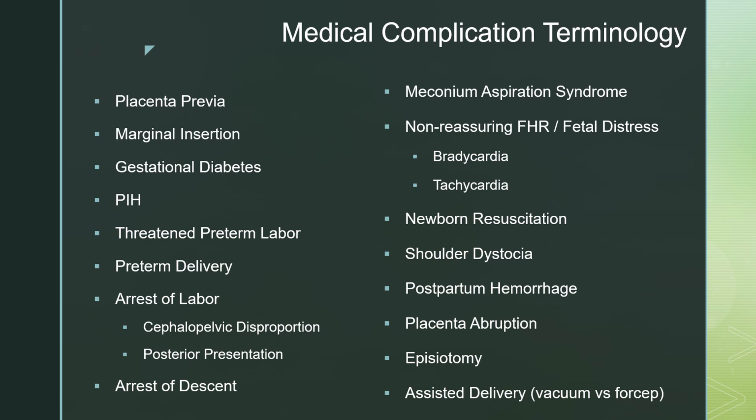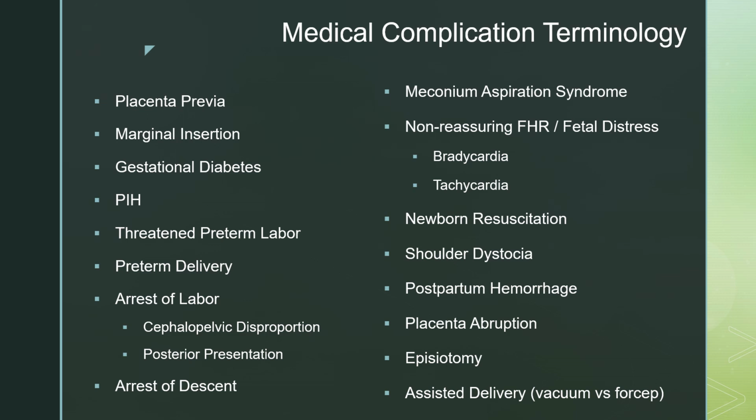Threatened preterm labor means she's having contractions, she's having signs that we're worried the baby will come out earlier than 37 weeks gestation. Preterm delivery is the baby actually delivered before 37 weeks gestation. Arrested labor is a very common term in the hospital setting. I see it less often in out-of-hospital births, where we have more of a longer normal variation labor curve.